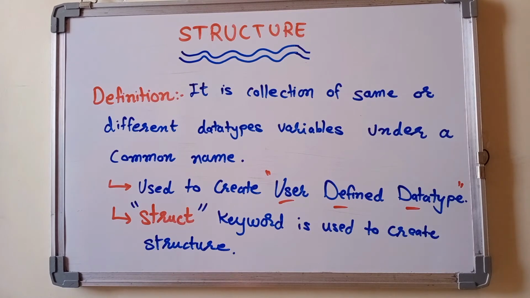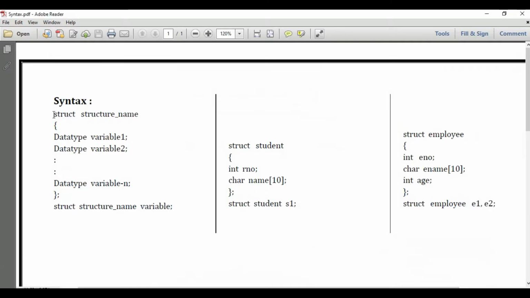Now we will understand structure programming with the help of some definitions. Struct is the keyword, then the structure name, which can be any name, then data type variable 1, data type variable 2, up to whichever variables we need. We declare those variables inside the structure body.